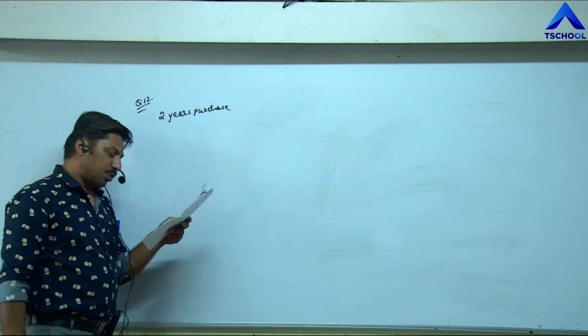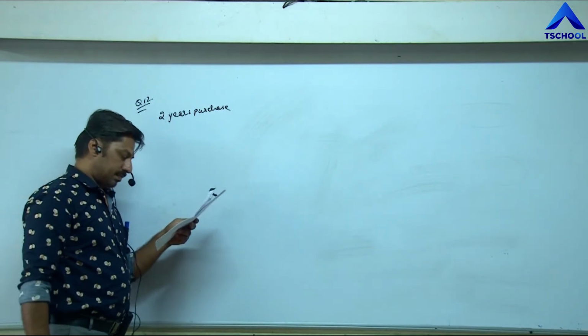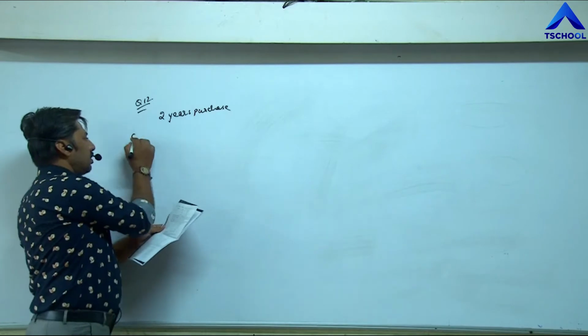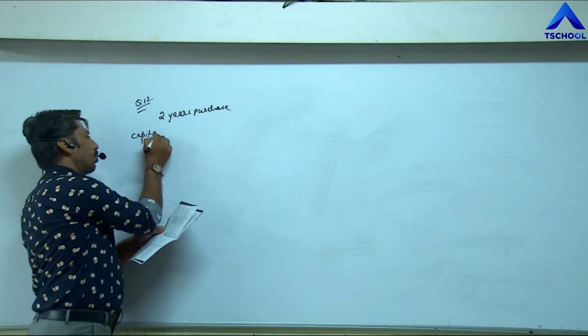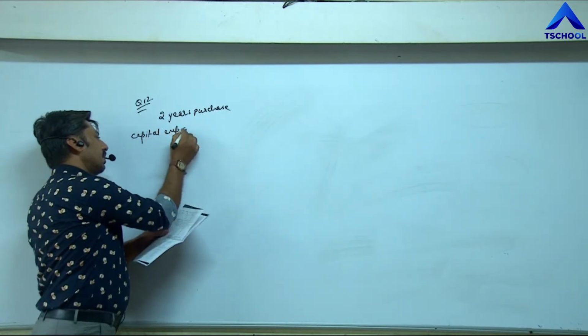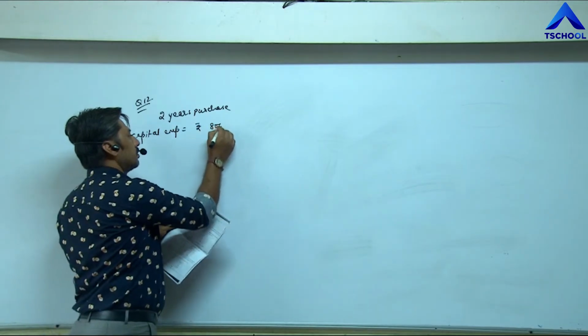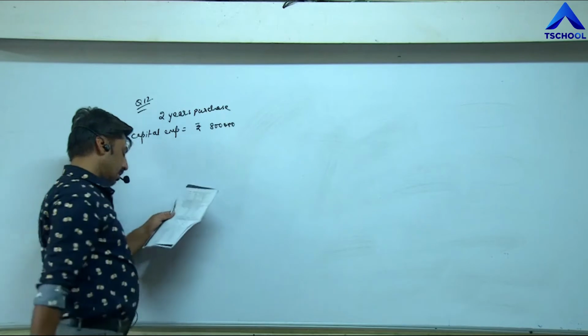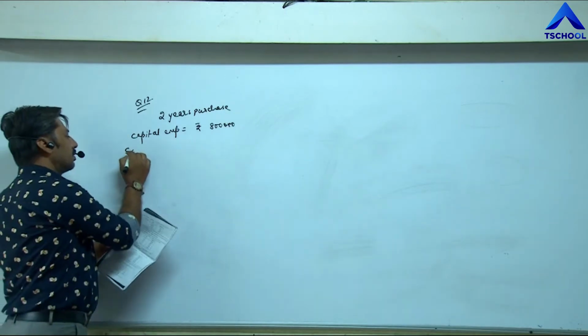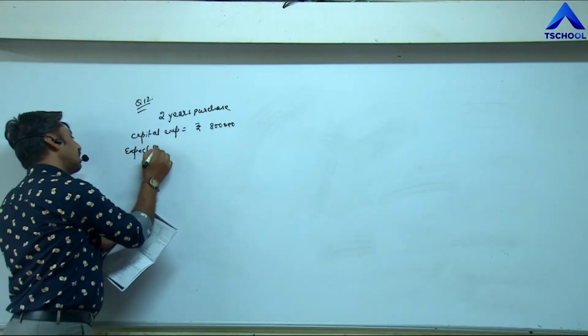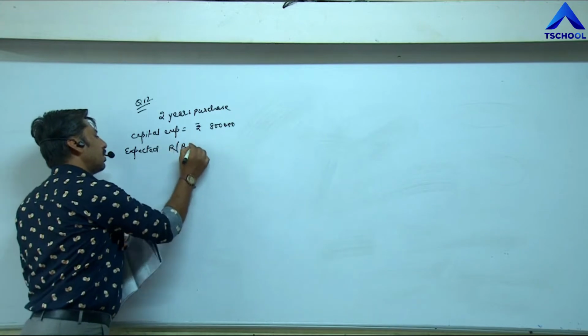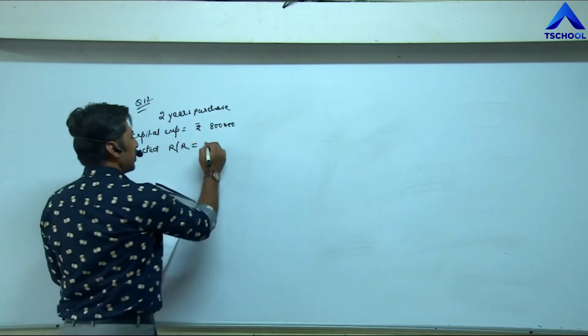Means we have to apply the super profit method. In this question, information is given: capital employed is equal to rupees 8 lakh. Then expected rate of return is equal to 12%.